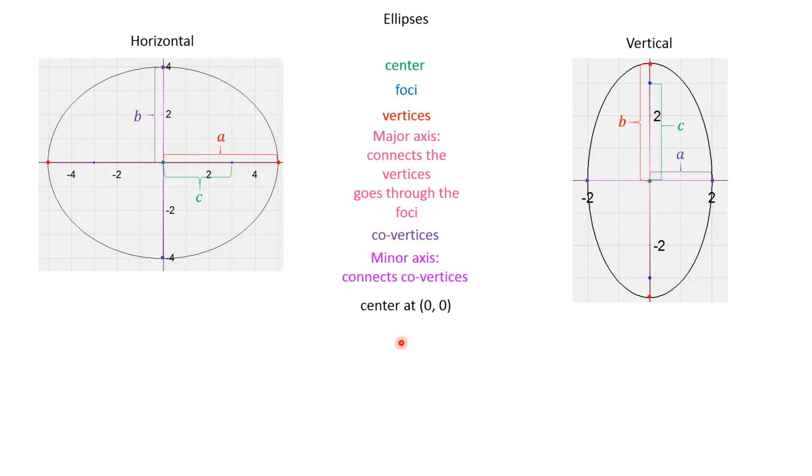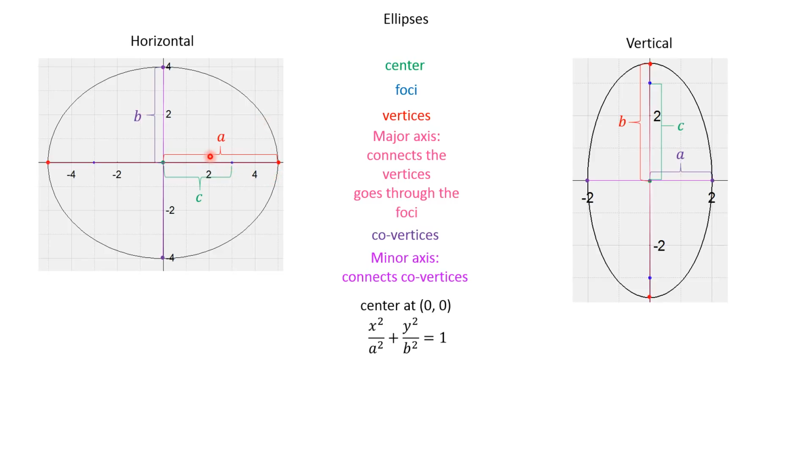If our center is at 0, 0, the equation is going to be x squared over a squared plus y squared over b squared equals 1. X squared over a squared, the horizontal radius, plus y squared over b squared, the vertical radius, equals 1. So I mentioned that a circle is just a special case of an ellipse.